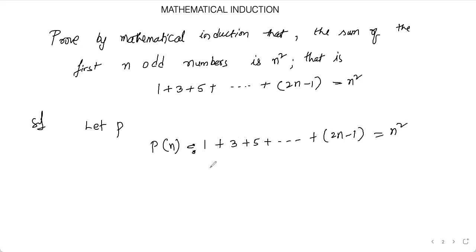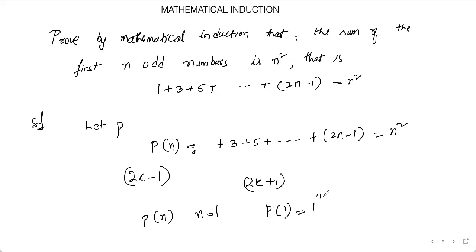So the kth odd number would be 2k minus 1, and the next odd number would be 2k plus 1. Now we observe that P of n is true for n equal to 1, that is, P of 1 is 1 squared.